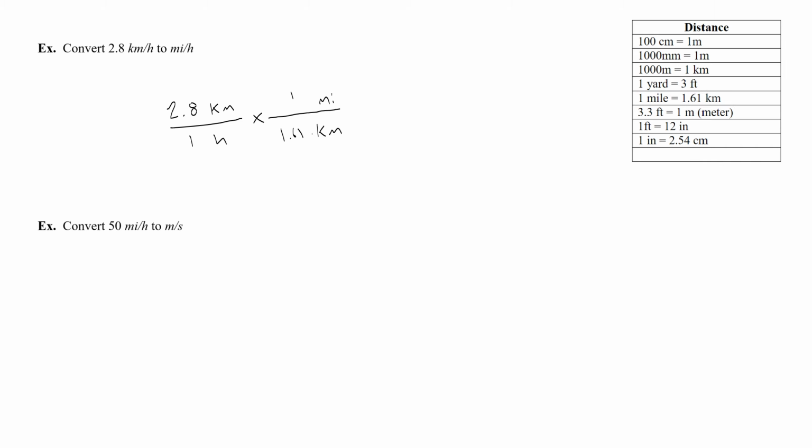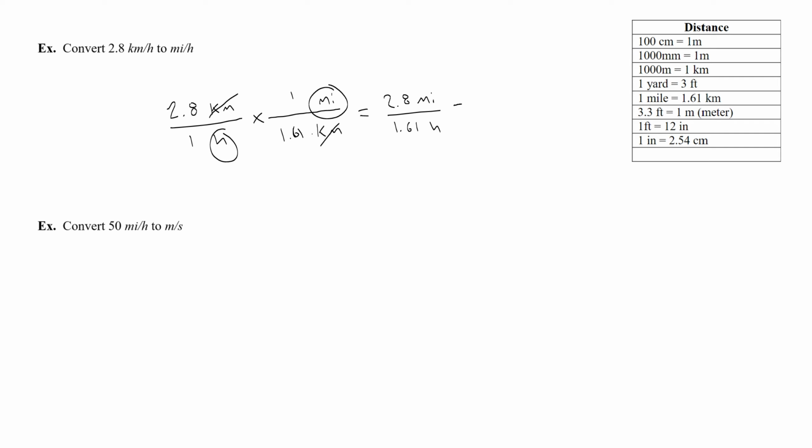Now the kilometers are going to cancel out. Kilometers cancel out, and I'm left with miles over top of hours, which is what I want. In this case, maybe I'll write it like this so it's a little bit easier for you to see. 2.8 miles, those are the things left on top, over 1.61 hours, that would be on bottom.